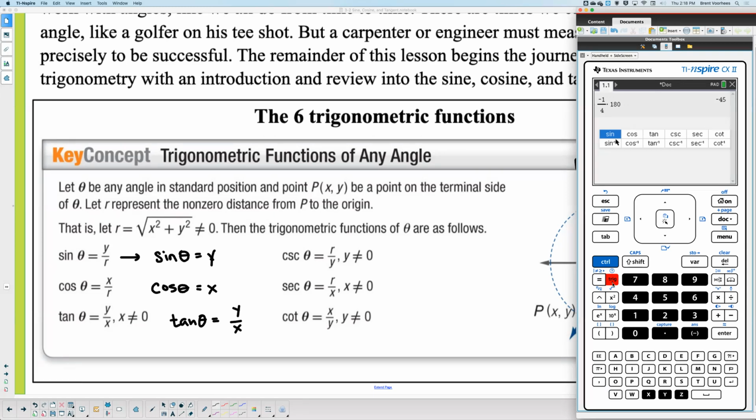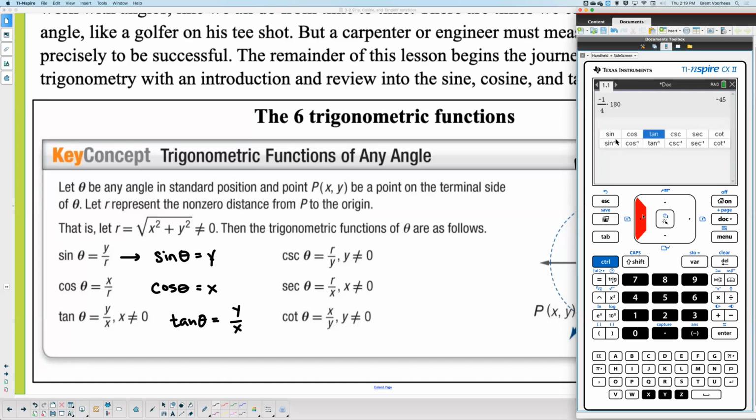What order do they display the trig functions in? Sine, cosine, tangent. That's always the order. And then it always goes: sine is y, cos is x, tangent is y over x. Same order. Y first, x second.